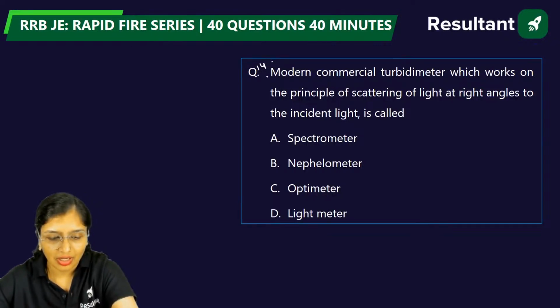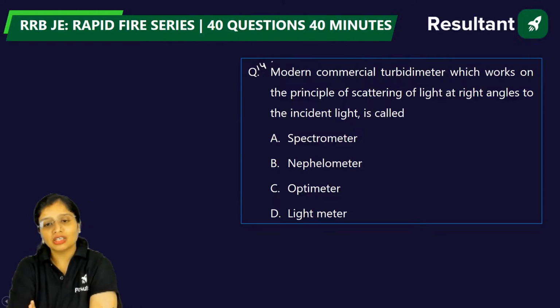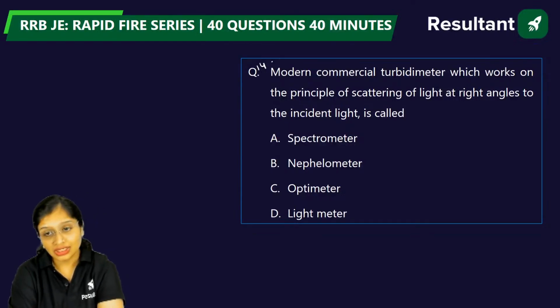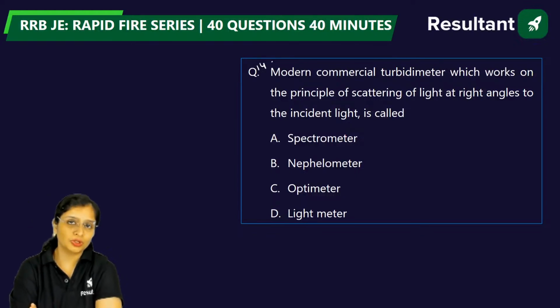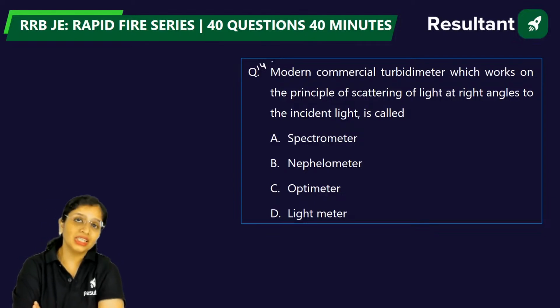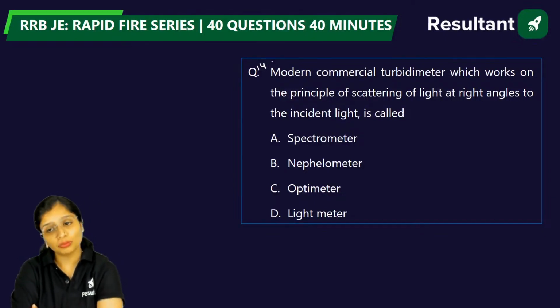Okay, next question. Modern commercial turbidity meter which works on the principle of scattering of light at right angles. You know that for turbidity, you have the absorption principle and also the scattering principle. Baylis turbidity meter is based on the absorption principle.